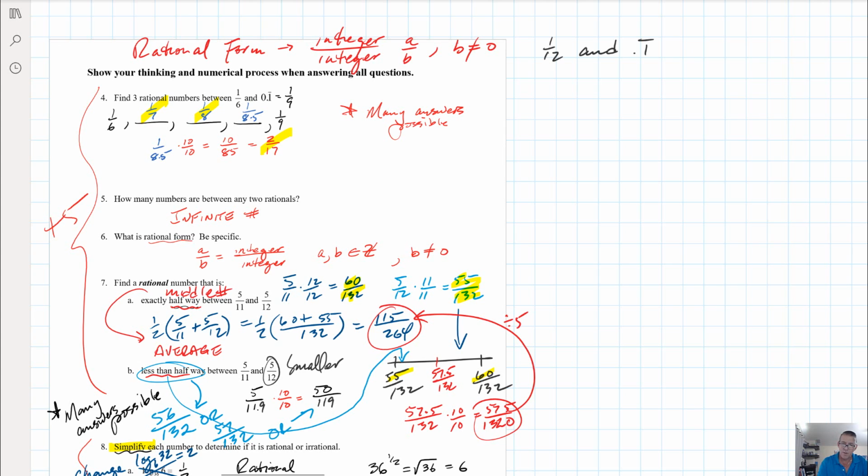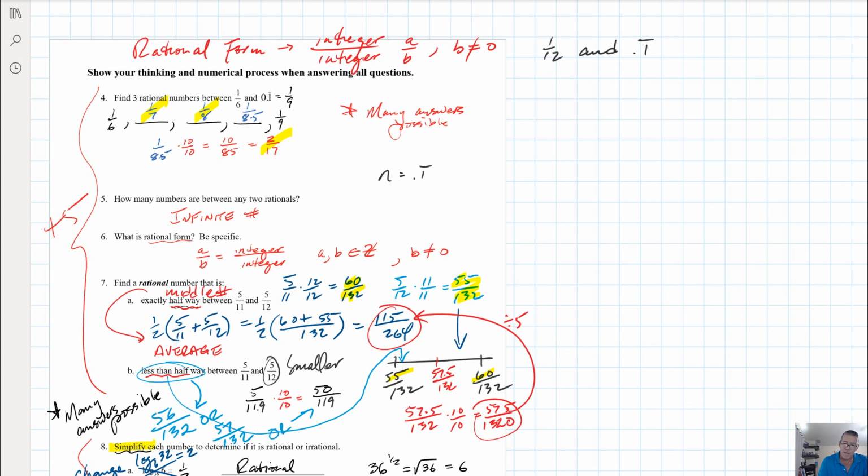I saw a lot of people use one of the techniques to take a repeating decimal to a rational number, or to a fraction. This was the second technique: you let n equal 0.1 repeating, which is 0.1111 and so on.